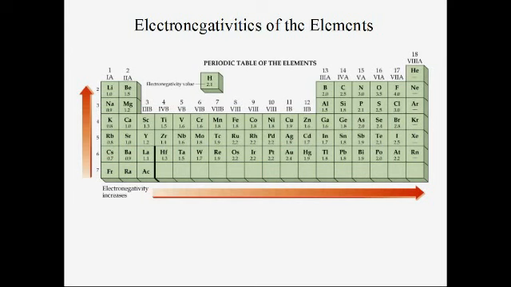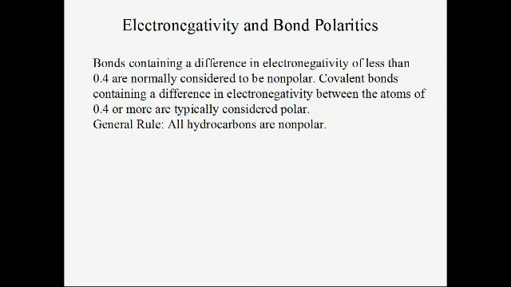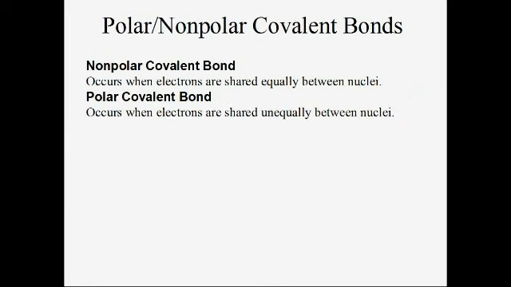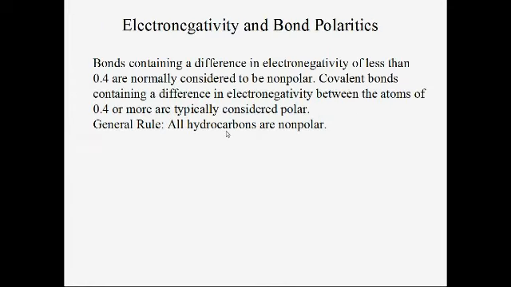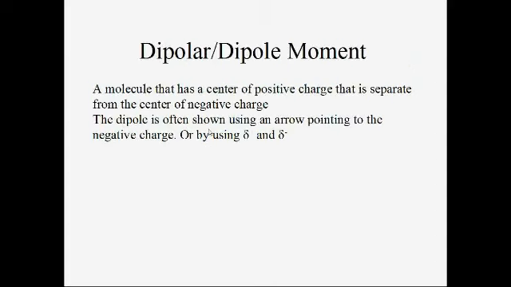I take 0.4 and less to be nonpolar, and then a difference of greater than 0.4 is going to be polar. We don't have to worry about hydrocarbons because we just know that anything that contains only carbon and hydrogen, a hydrocarbon, is going to be nonpolar.